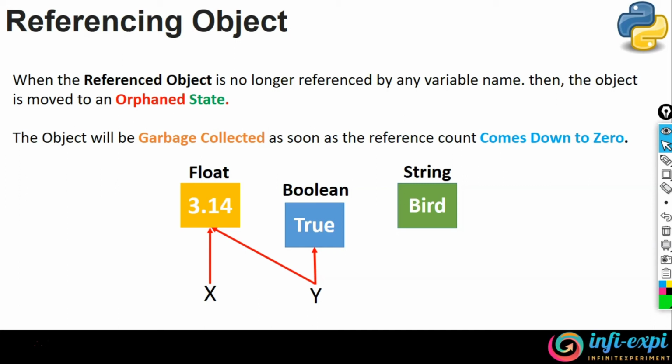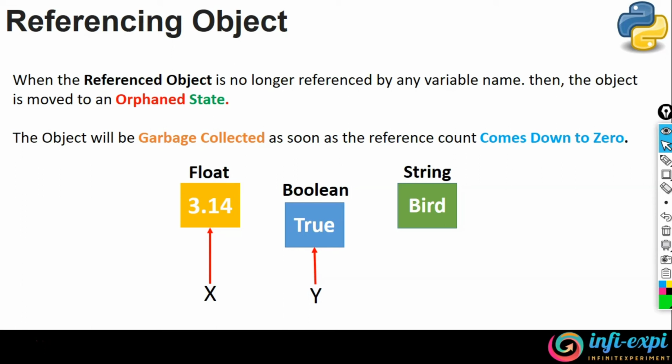Please note, y's reference to the float is now disconnected and pointed to another object, a Boolean object. Now, your float object is still carrying one reference, that is x. x is still referencing that particular object. It is not coming down to 0.